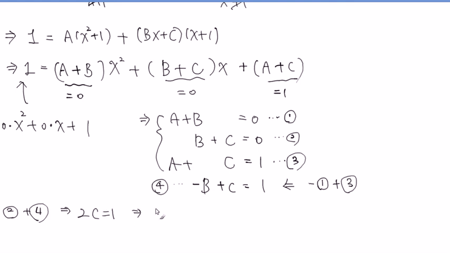So what is c? 1/2. Then if this is 1/2, what is b? By looking at this equation, it must be negative 1/2, right? So I got b and c. By looking at this equation, if b is negative 1/2, what is a? Positive 1/2.